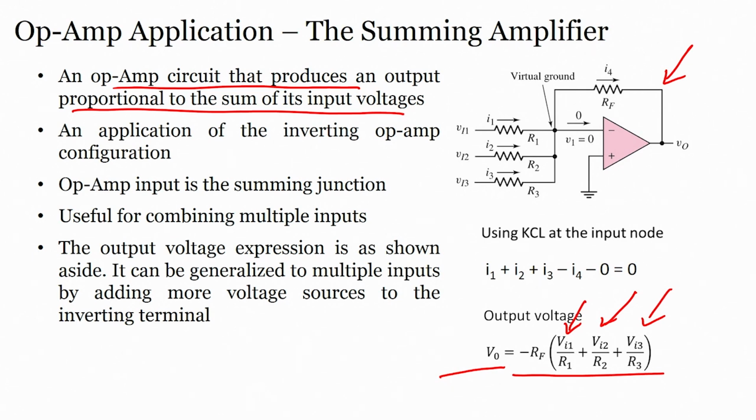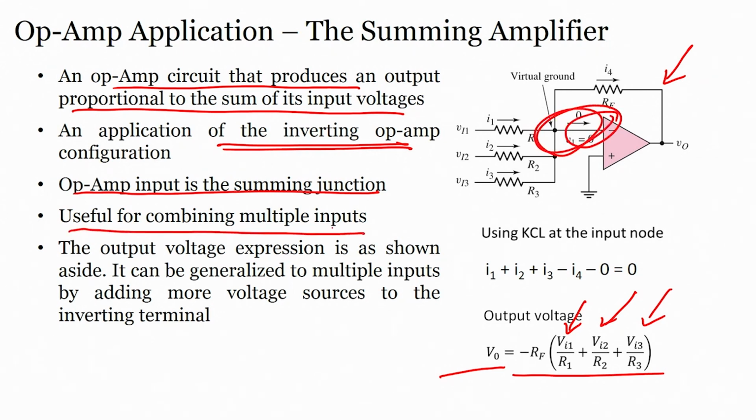It is an application of the inverting amplifier, and the op amp input is the summing junction, useful for combining multiple inputs. The output voltage expression is as shown, and it can be generalized to multiple inputs by adding more voltage sources to the inverting terminal.